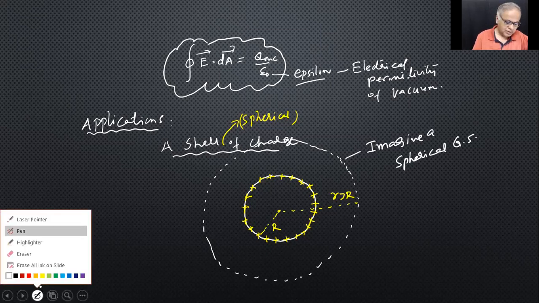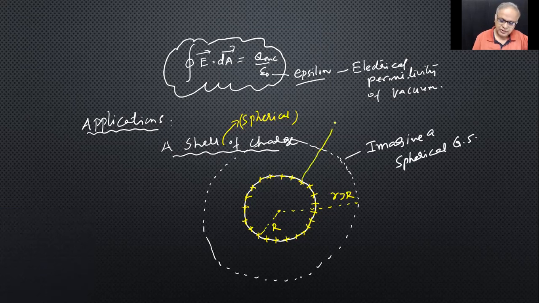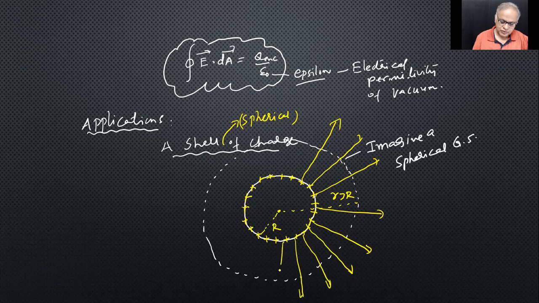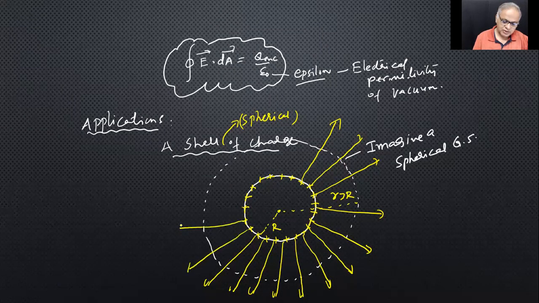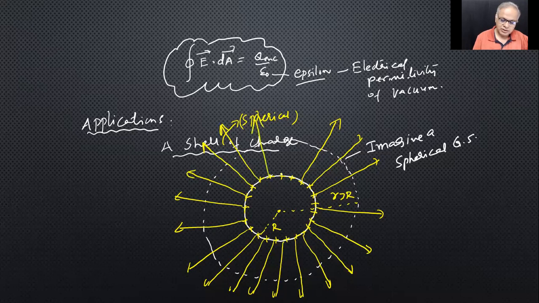In fact, let us show even the field lines, because the field lines symmetry will tell us what kind of Gaussian surface we should choose. Keep listening to my words carefully. The moment you put a charge there, for every charge, there should be a field line. So this kind of a charge lines spread will be there.